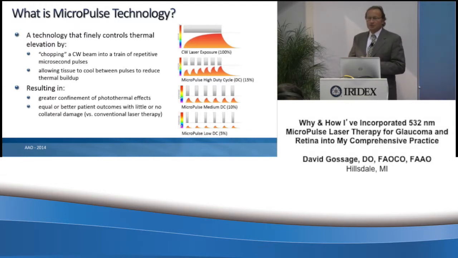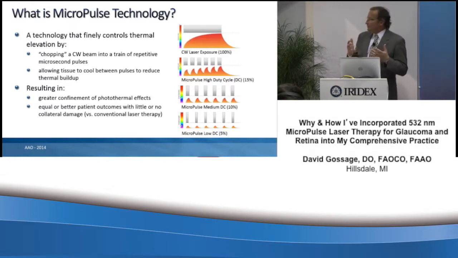If you want to do a 15% duty cycle, a 10% duty cycle, or a 5% duty cycle, the lower the duty cycle is, the less energy that's going to be delivered over that period of time, and therefore your thermal effects will also be diminished. So the idea behind it is to use the laser to create the biological effect without causing the tissue damage that we would have traditionally with a continuous wave laser.